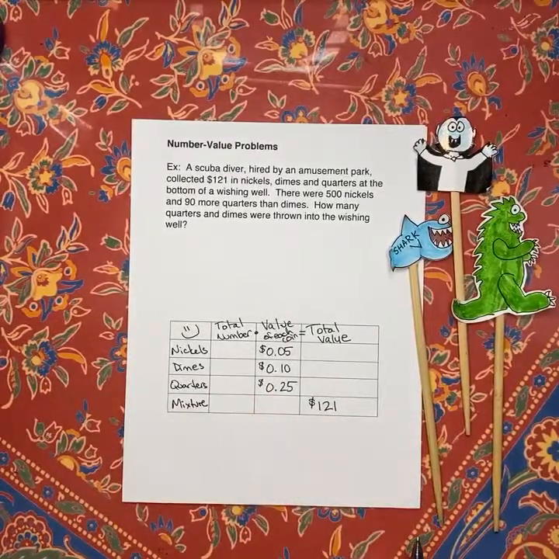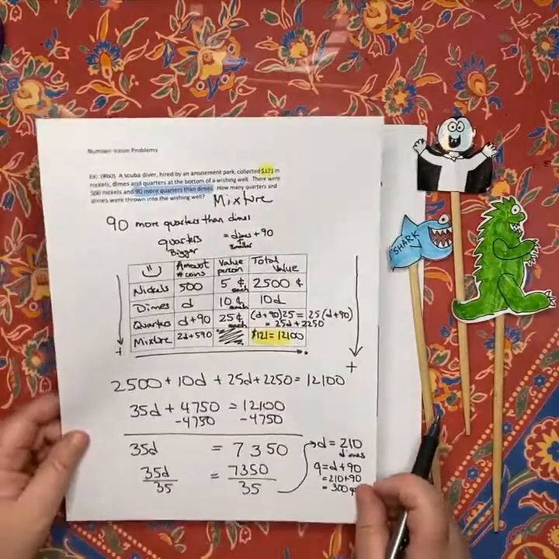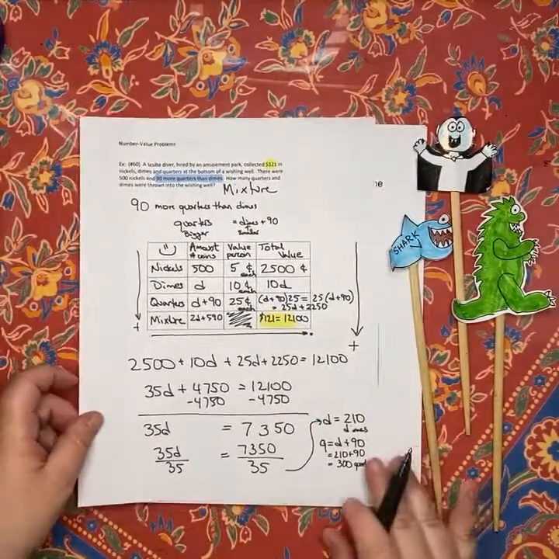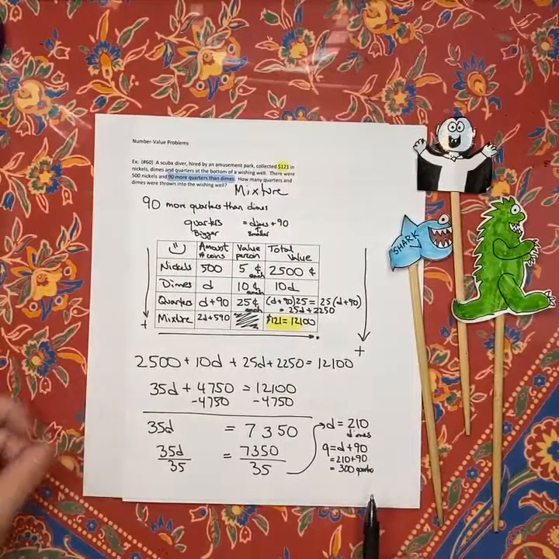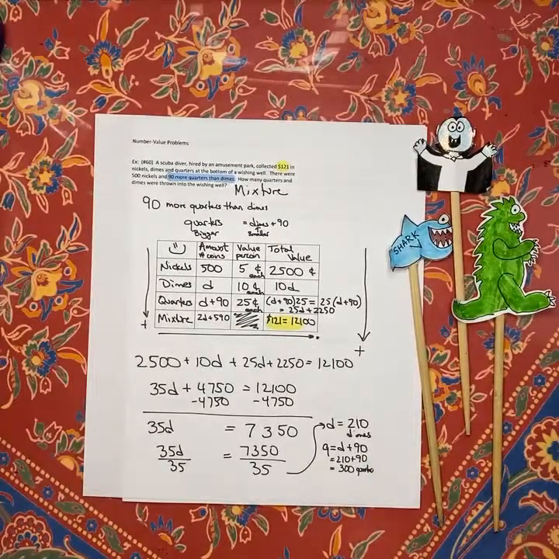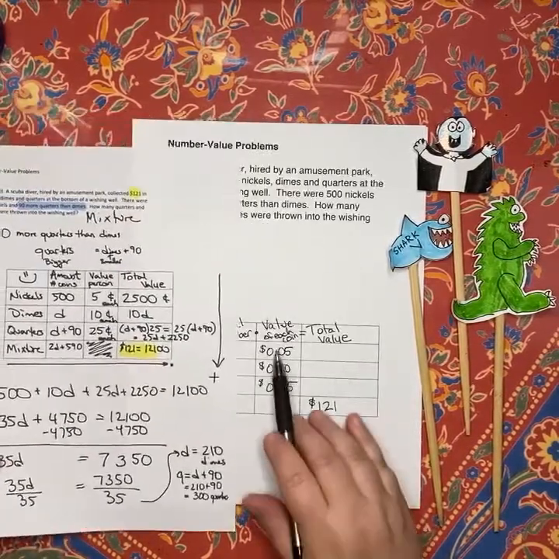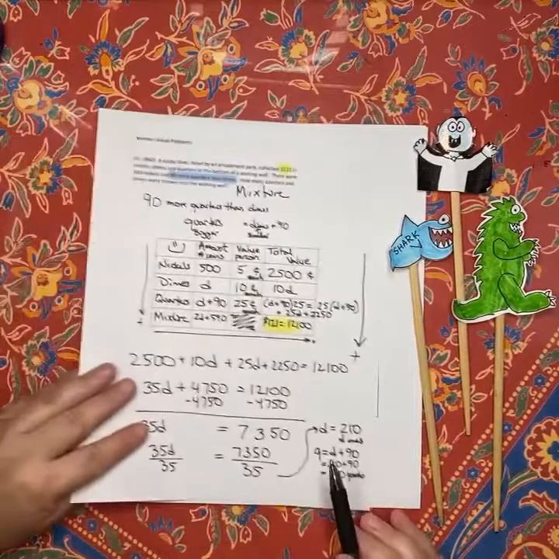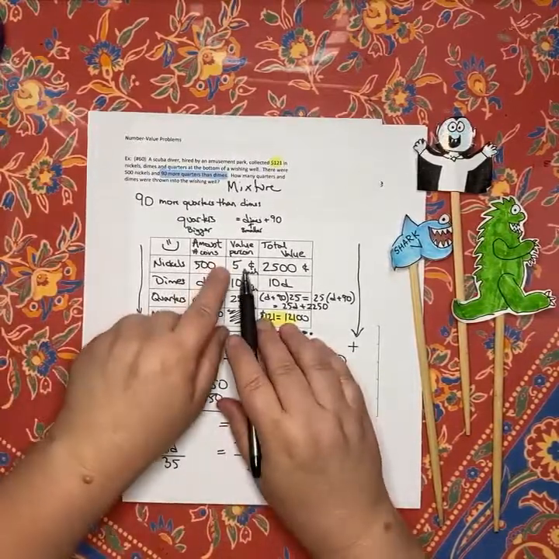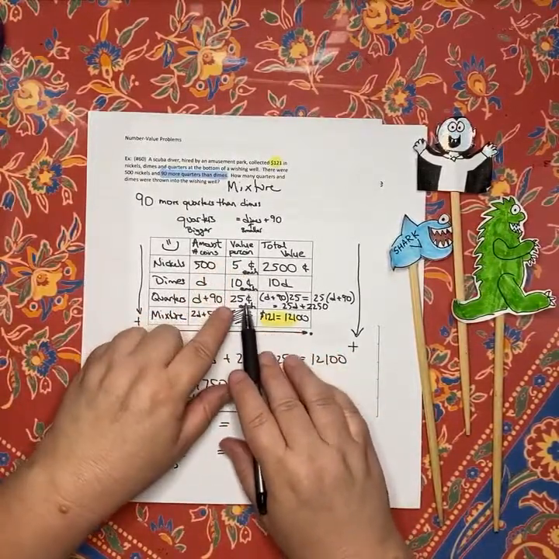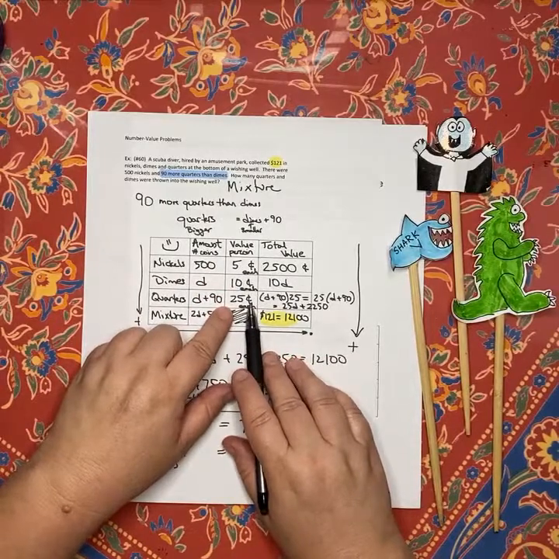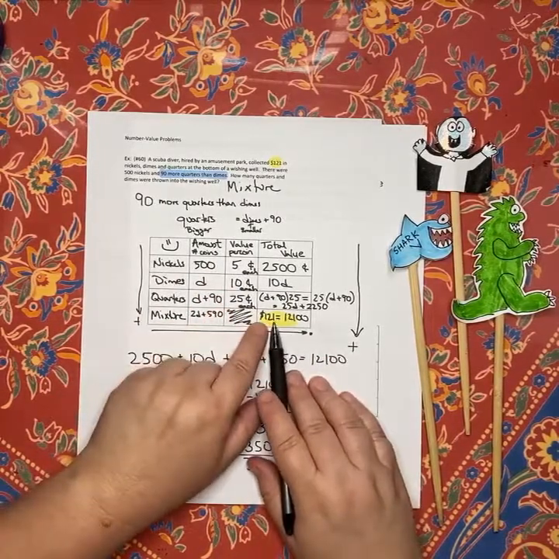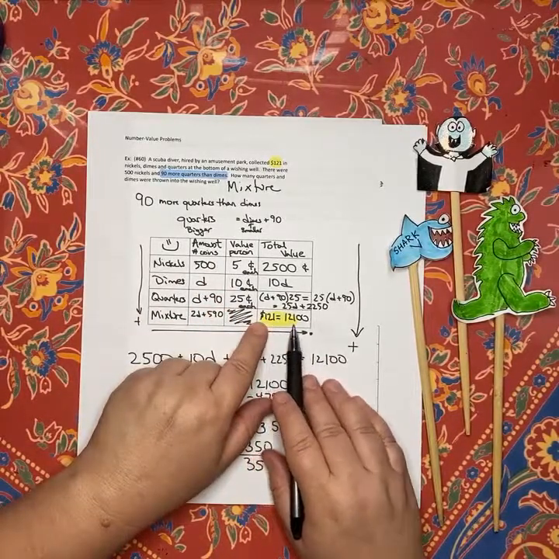Now, as it turns out, I do have this problem already worked out, and I will include this in the notes, and I'll let you go ahead if you'd like. You can freeze frame and take a look at this. This is how we could do the problem if instead of using dollars and decimals, I put everything in cents, so it's 5 cents, 10 cents, 25 cents. The only problem there is that that means that I have to convert $121 into cents.